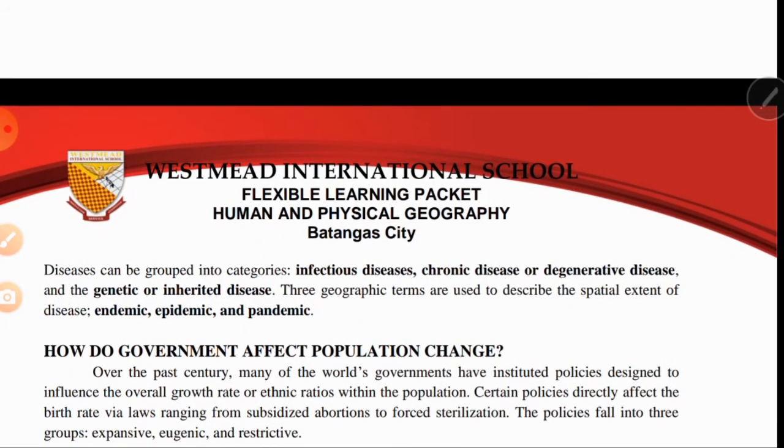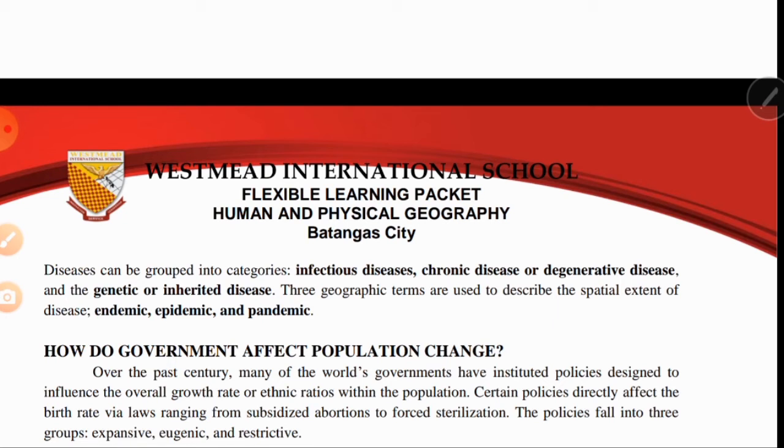And diseases can be grouped into categories: the infectious disease, chronic disease or degenerative disease, and the genetic or inherited disease. Yung infectious disease, resulting from an invasion of parasites and their multiplication in the body, and we all know that.